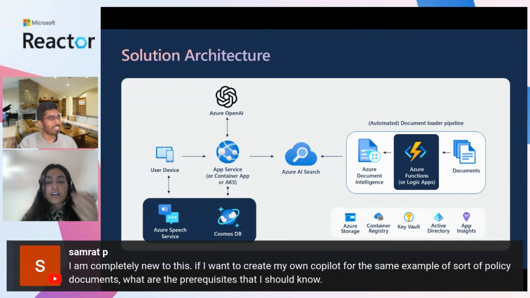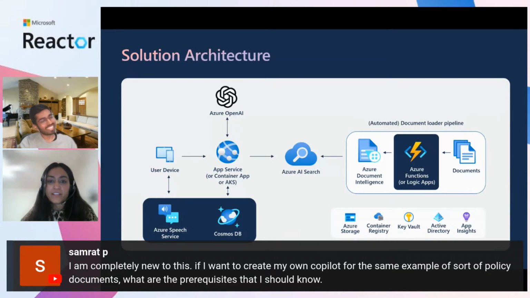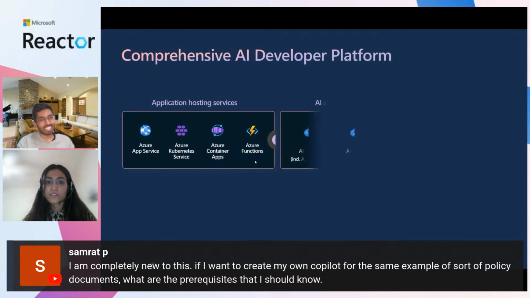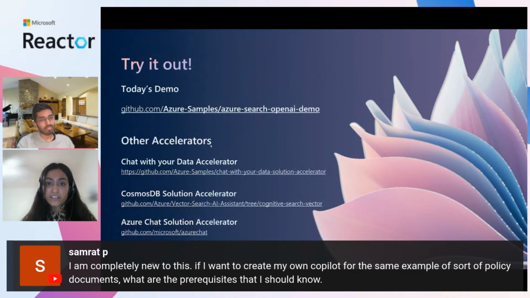Yeah, so I almost deployed it. As I showed you in the beginning of the presentation, to get started, you can use that open source demo, which I think Deep will provide in the resources tab there, which has all the prerequisites that you need to spin up this Copilot.